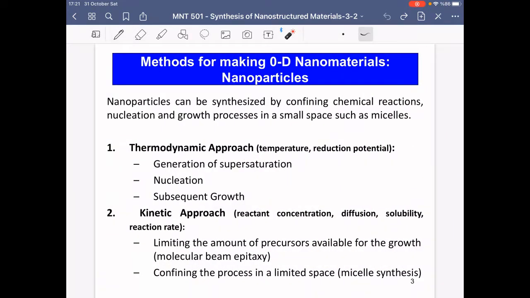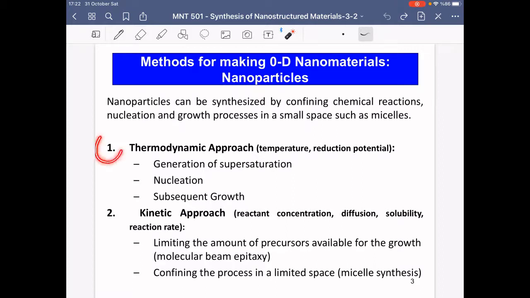And let's talk about the 0D nanomaterials, okay? So we're talking about quantum dots, nanoparticles, spherical nanoparticles to make our life easier. And in my previous classes, I think I had mentioned that there are two very general, well-known mechanisms to do that.